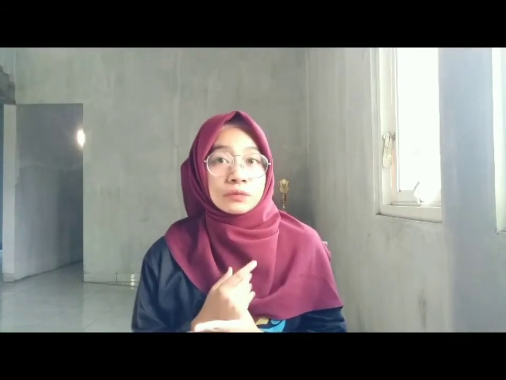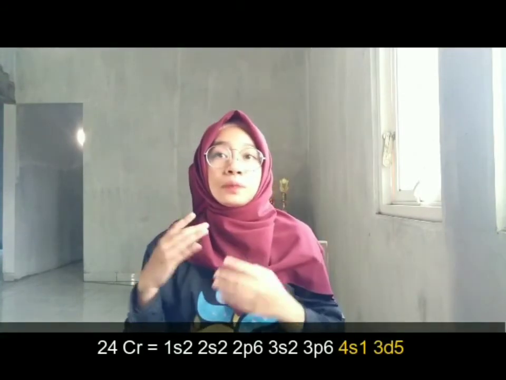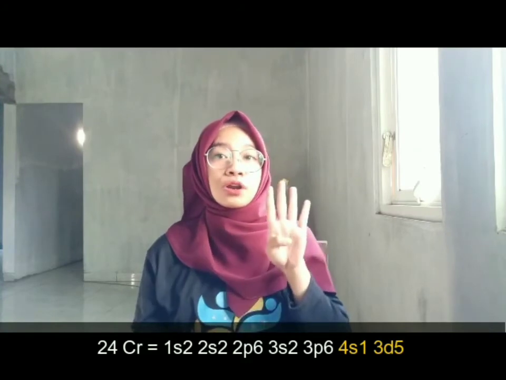To determine the period of an element is relatively easy. The period of an element is the same as the largest shell number in the electron configuration. The largest shell number is 4, so Cr is in period 4.